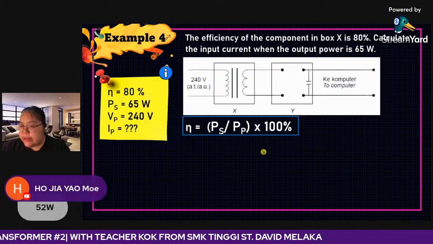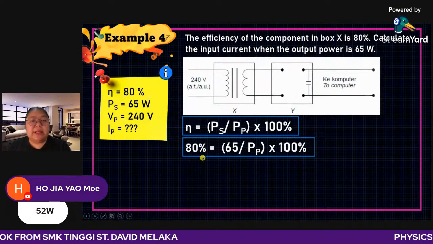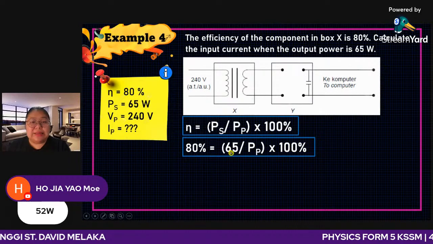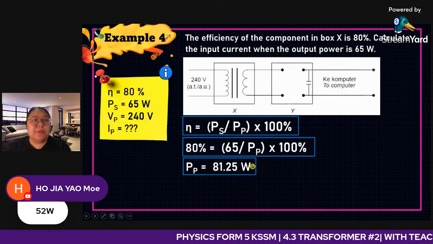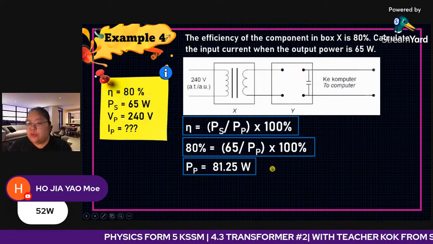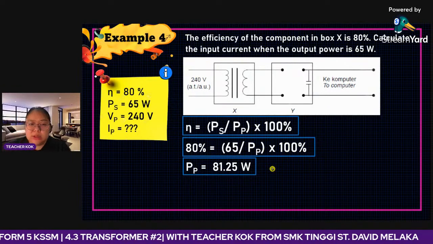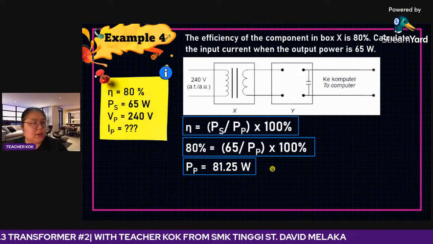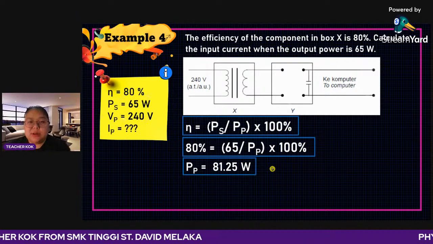Lisa also the same. Okay, 80% we put here, 65 over Pp, so we find the Pp first. Oh, Pp is 81.25. Why did you give me the answer 52? I gotta check first because I do the calculations.